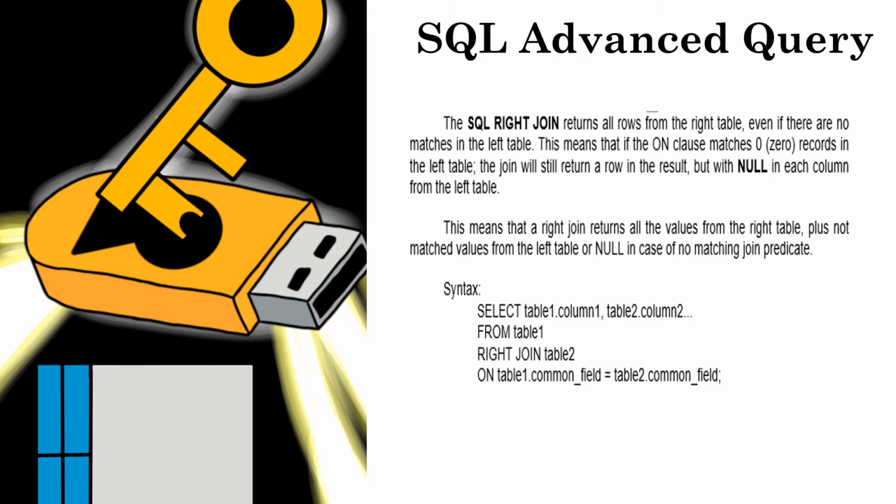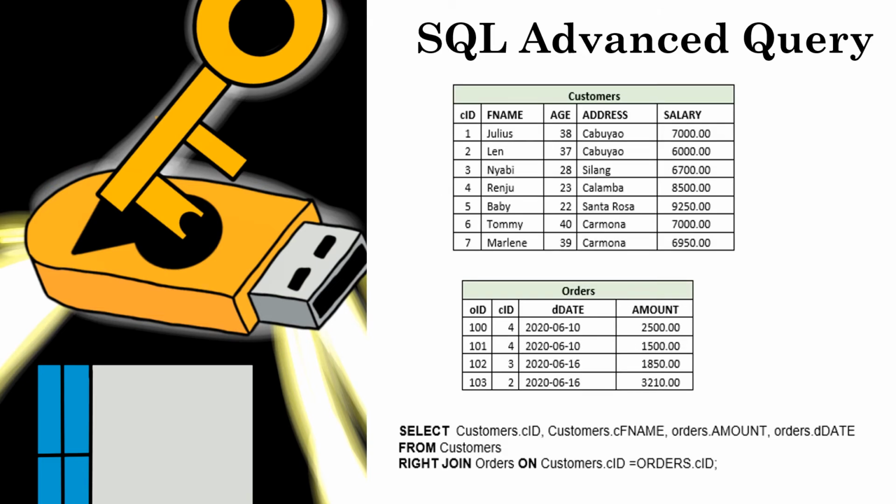For example, select table 1 dot column 1, comma, table 2 dot column 2 from table 1 right join table 2 on table 1 dot common field is equal to table 2 dot common field.